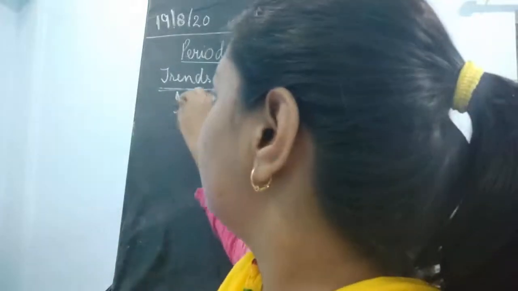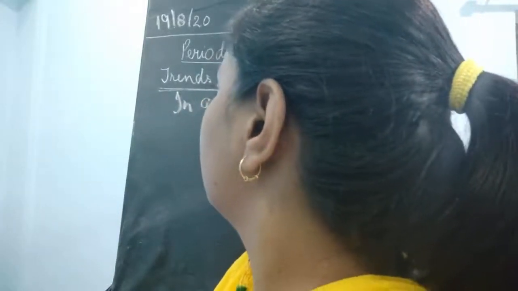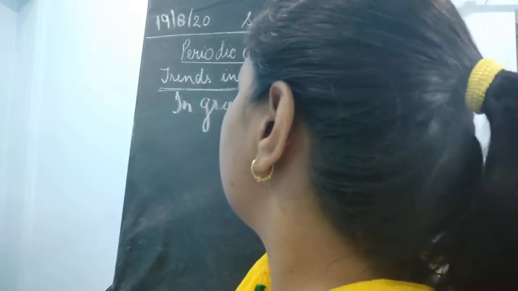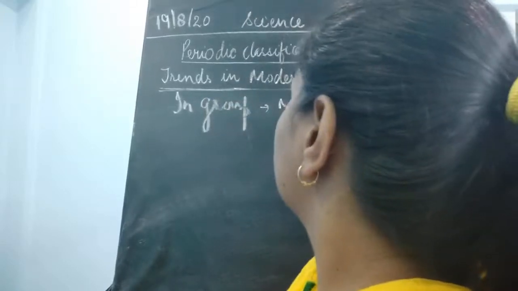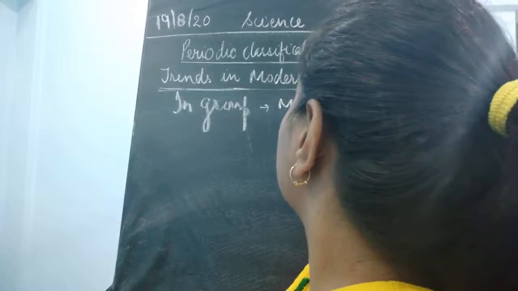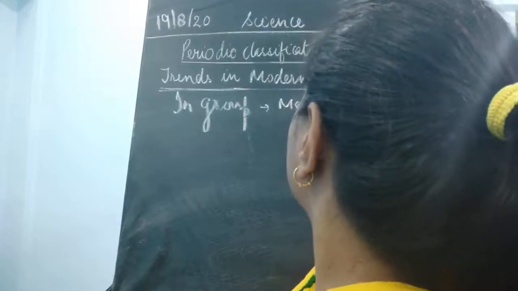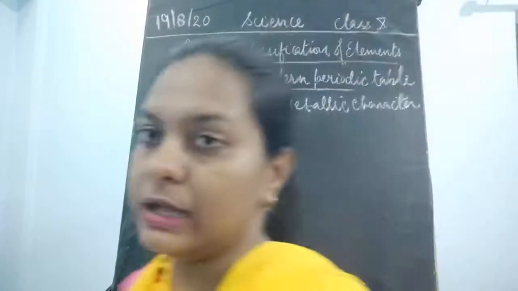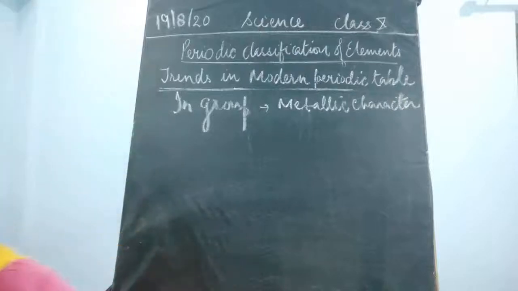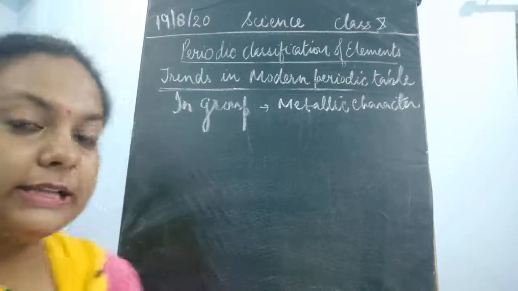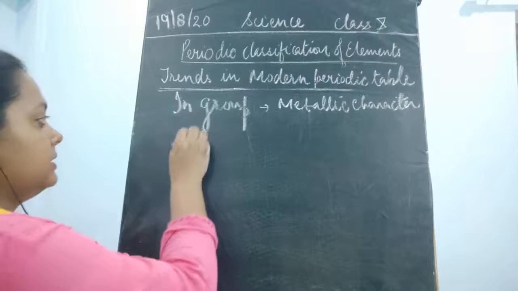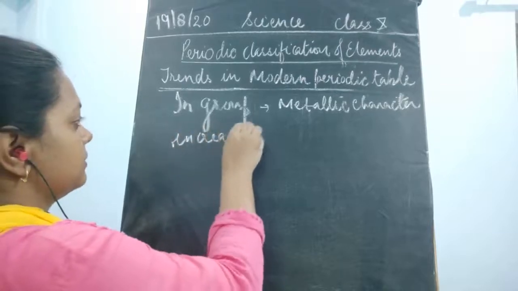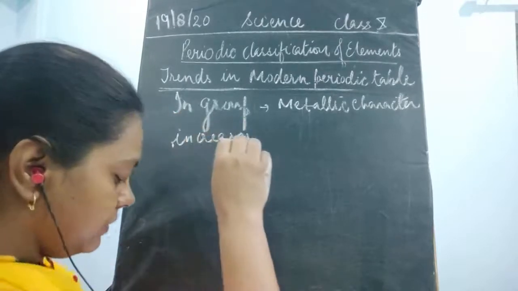So what happens in a group to the metallic character and non-metallic character? Let's find out. Metallic character increases. Where is it going to increase?